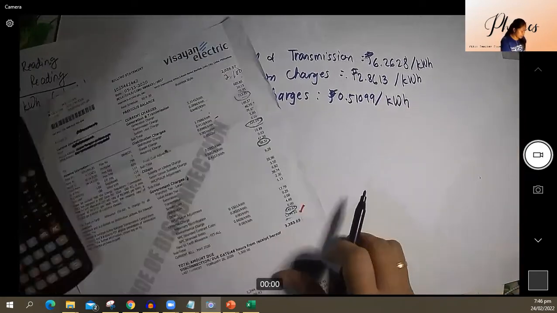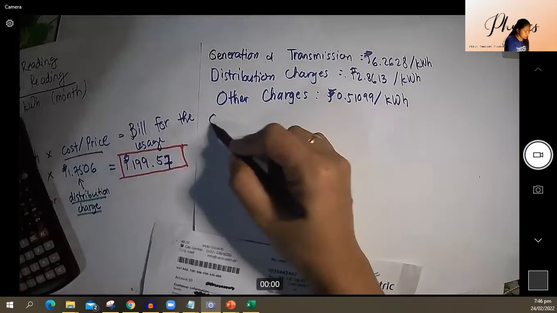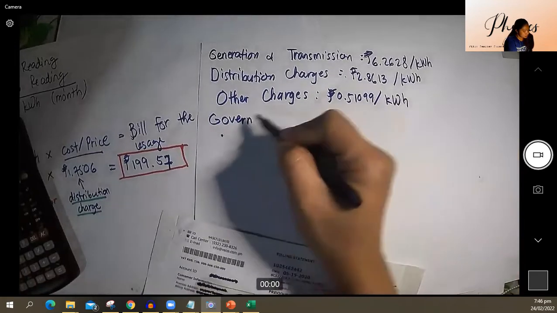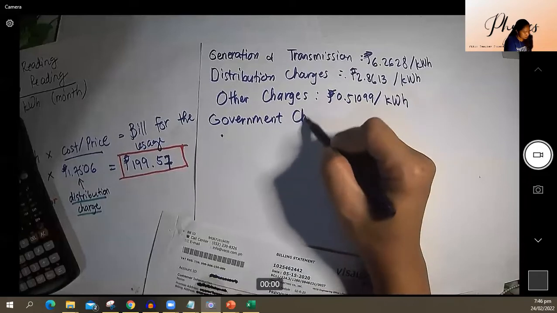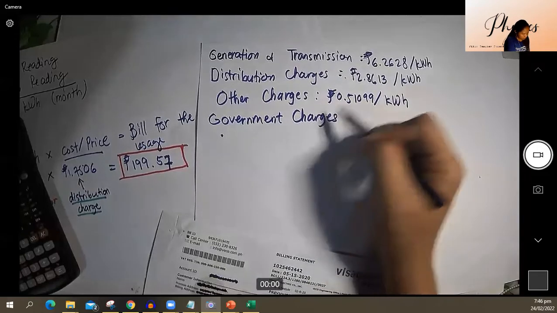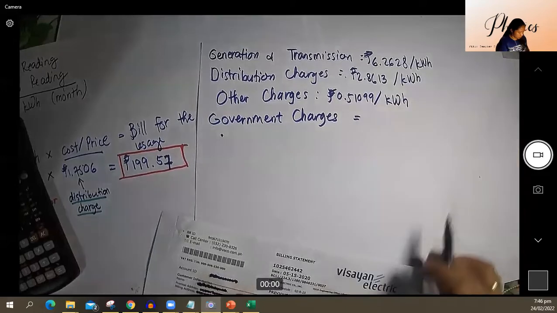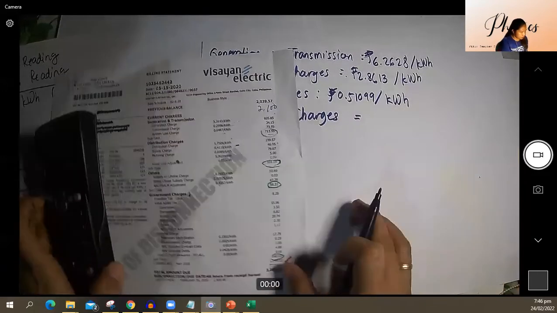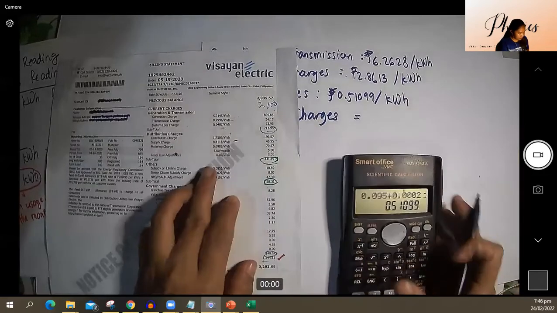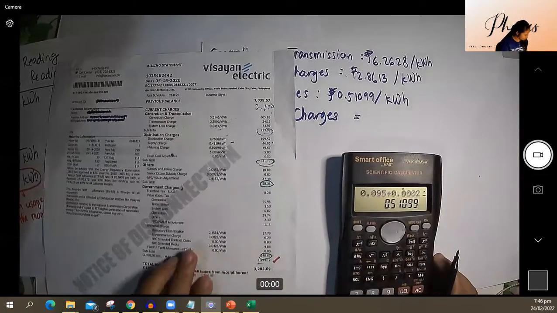And the last is the government charges. So we have, oh, hold on.